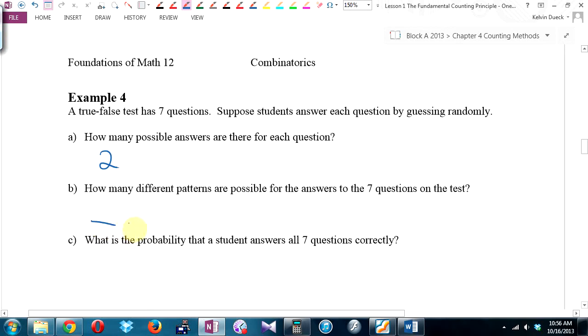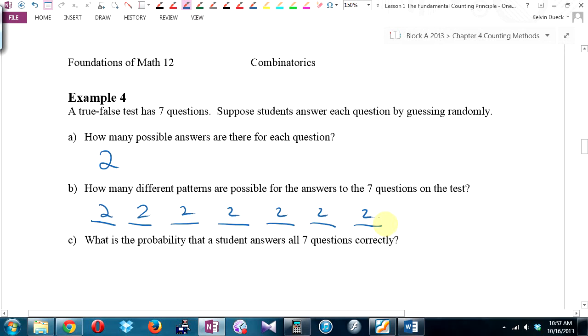Draw 7 blanks. How many choices do you have for the first question? For the second question? For the third? The fourth? The fifth? Sixth? Seventh? You could go 2 times 2 times 2 times.